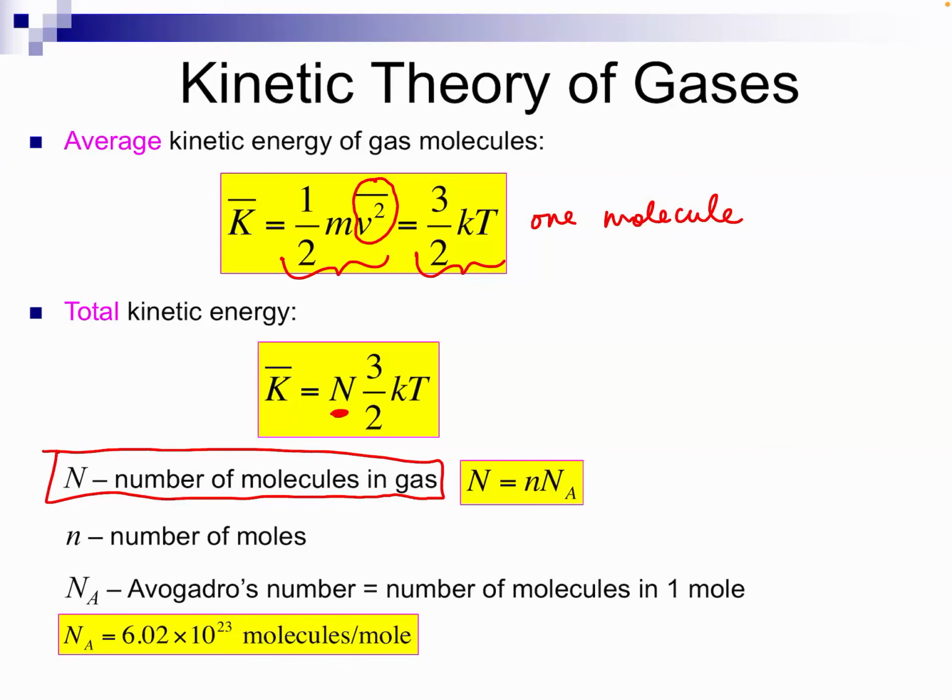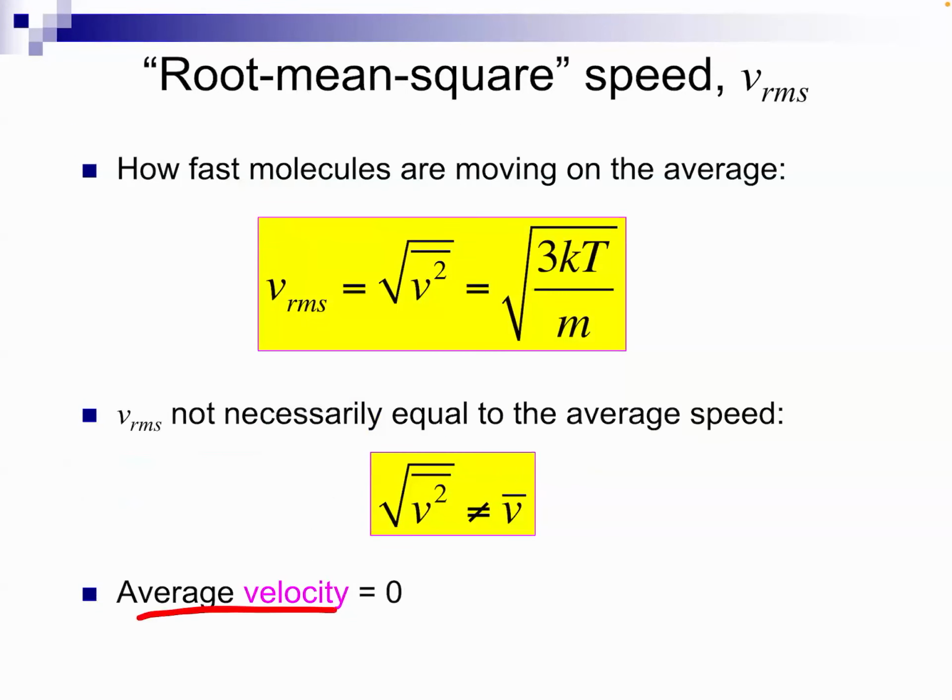Anything that's moving randomly, if you take the average velocity of that, the average velocity is 0, because each one of them has a random direction. If you add up all the directions to the left, to the right, up and down, they will end up with an average of 0.